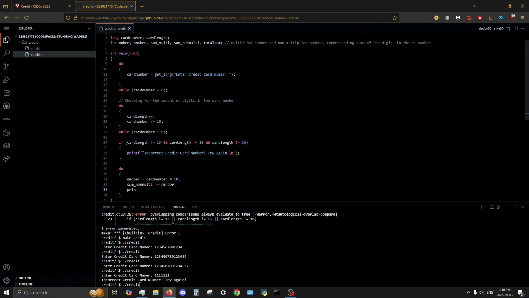What happened? Can I just do, I was looking at function, is it return sum non-multi? I just want to get that number.